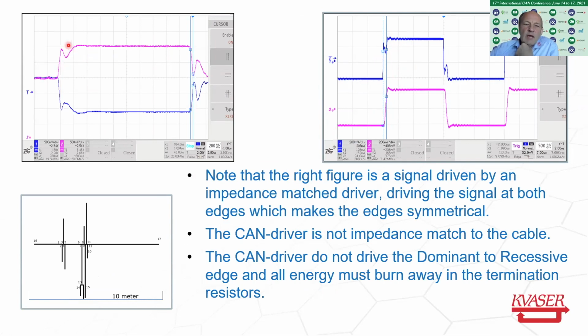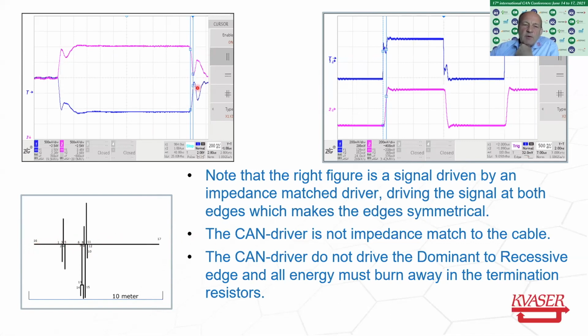And the dip you get here is due to the reflection at the CAN driver, which doesn't have a perfect impedance match to the cable. So you get a reflection from the source. When you send out energy here, you get reflection both here and here, and when the energy comes back here, it will be reflected because the CAN driver doesn't match the 100 ohm impedance.